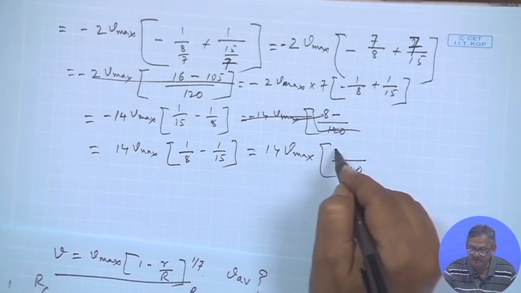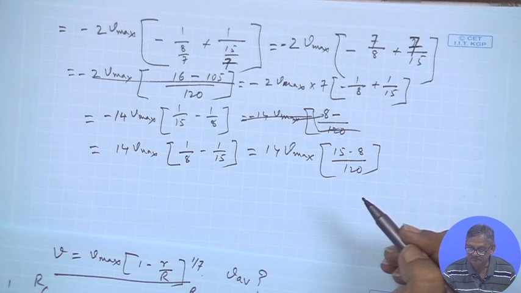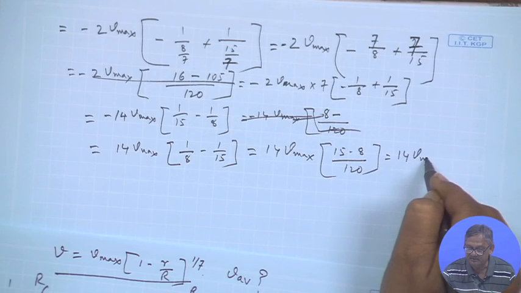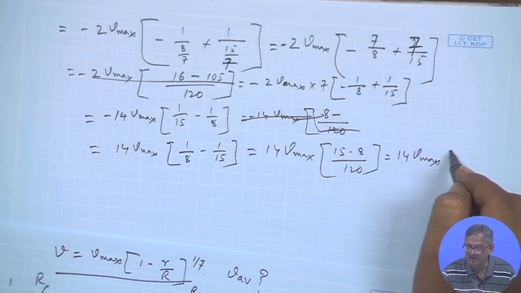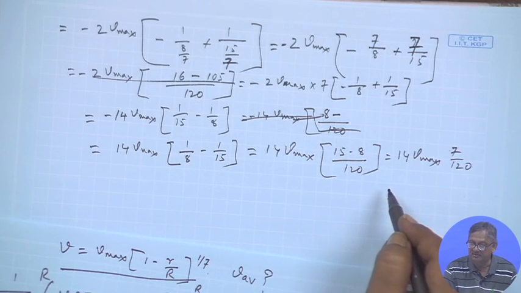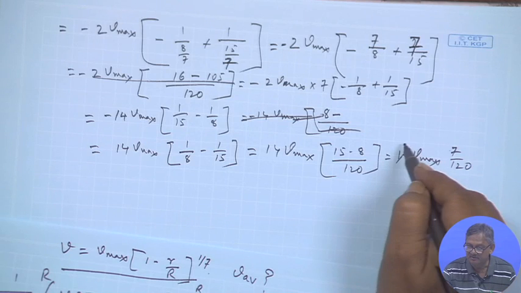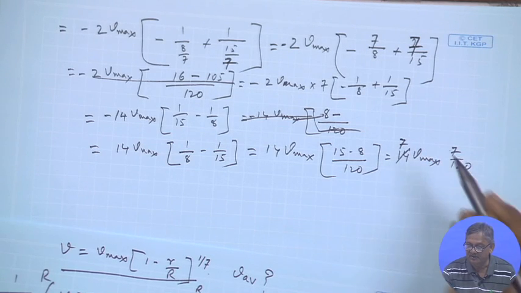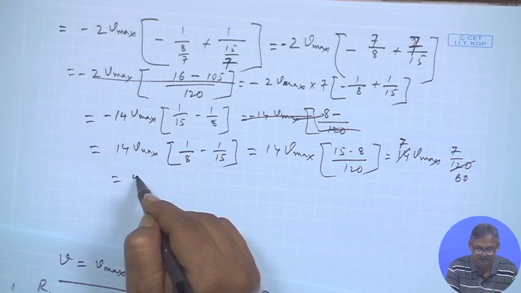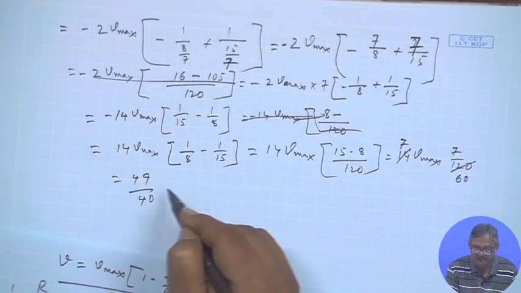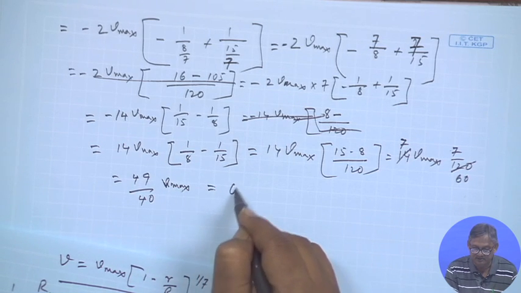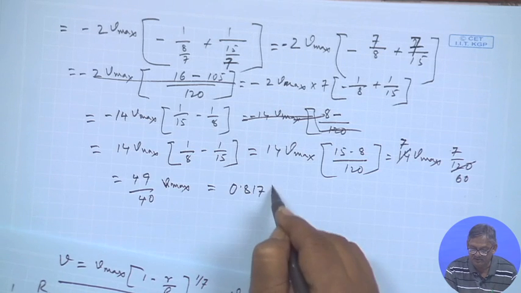So, this is 15 minus 8, which is 7 by 120, and if we divide, this becomes 7 and this becomes 60. So, it becomes 49 by 60 V max, which is nothing but 0.817 V max.